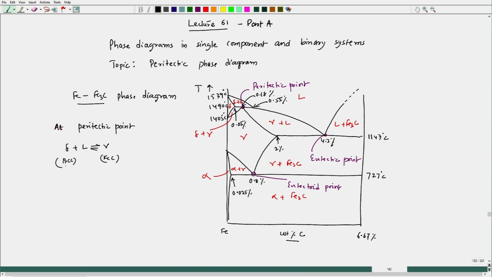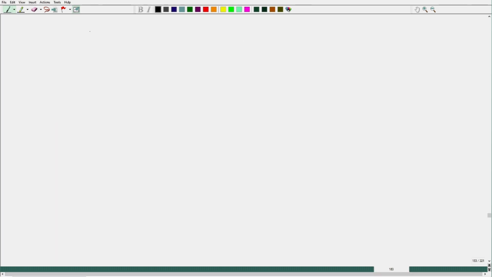For that, we will take a generic consideration, considering a binary solution of metals A and B, with compositions X A and X B. These are the mole fractions, summing to 1 mole.